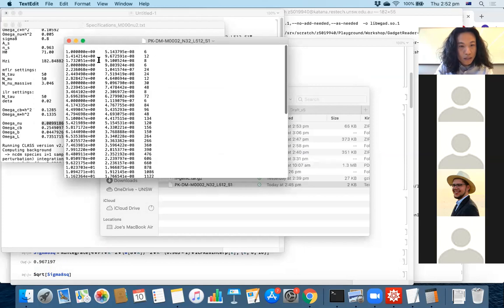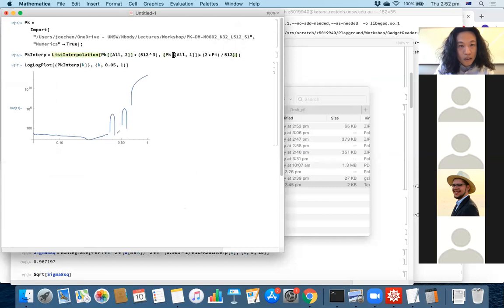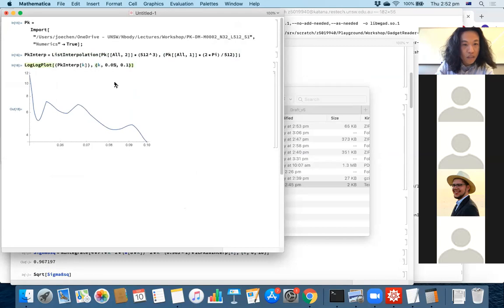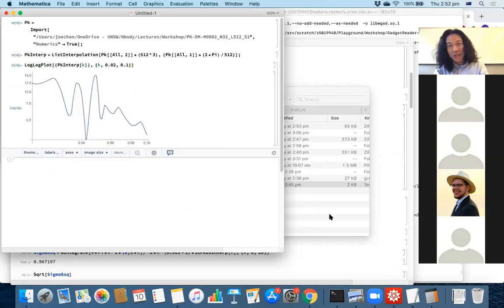Yeah, I did. Is it just because the resolution is so bad? Okay, it's very possible that with 32 cubed particles in a 512 box, the resolution is so bad that this is the only section of the power spectrum we can actually believe.